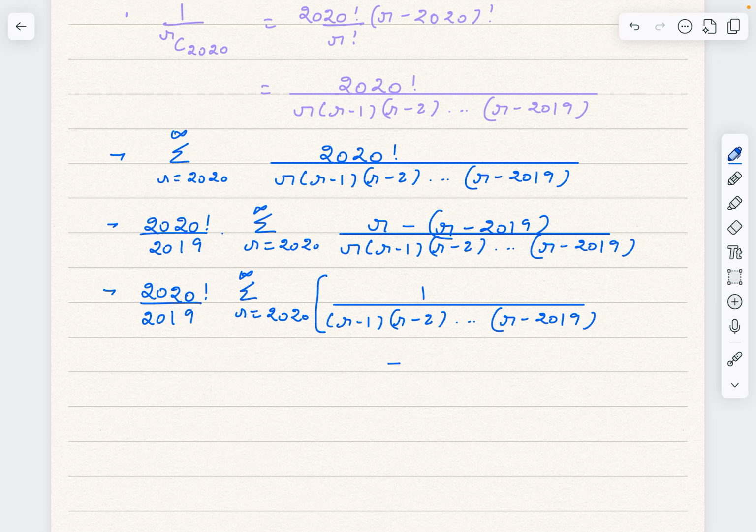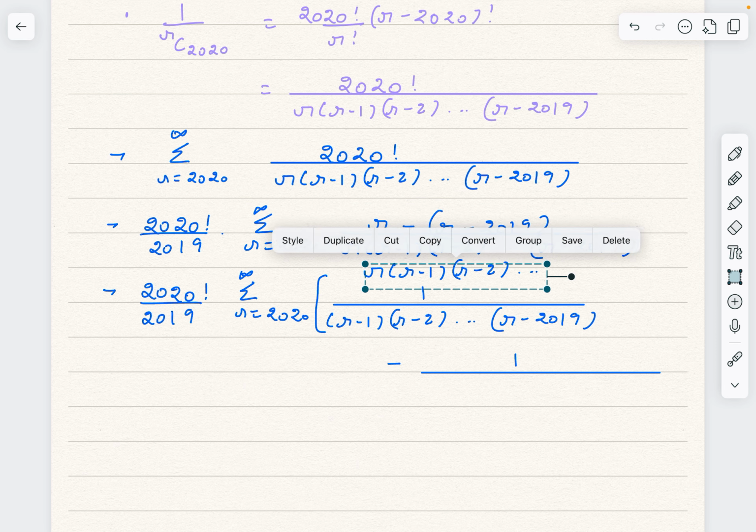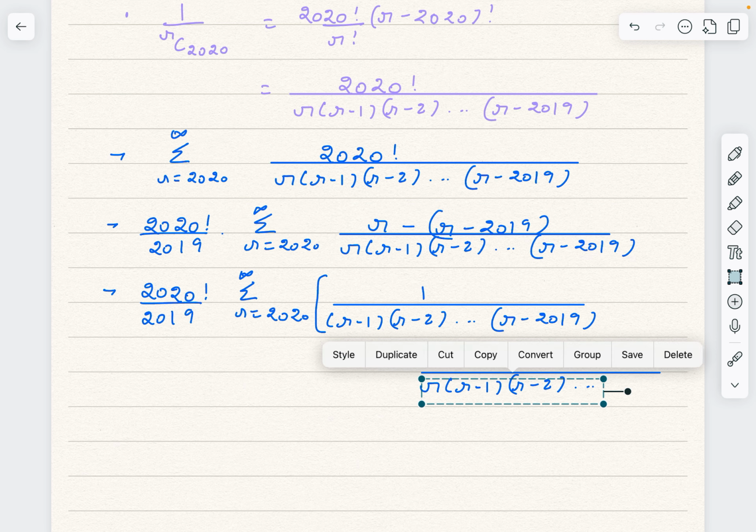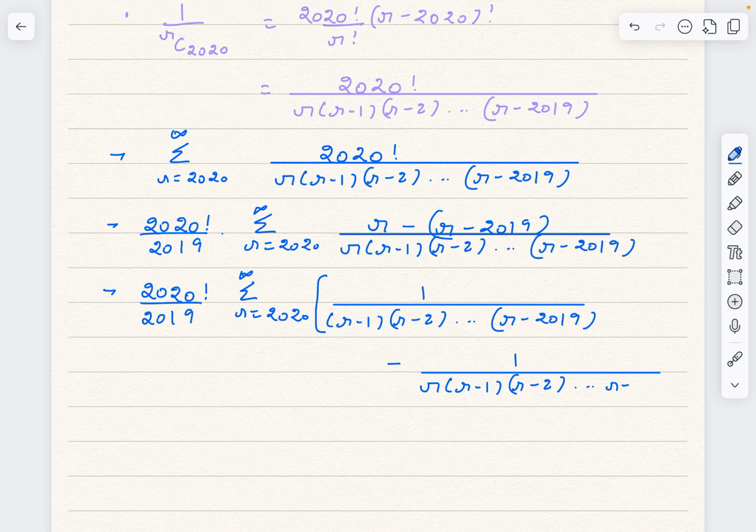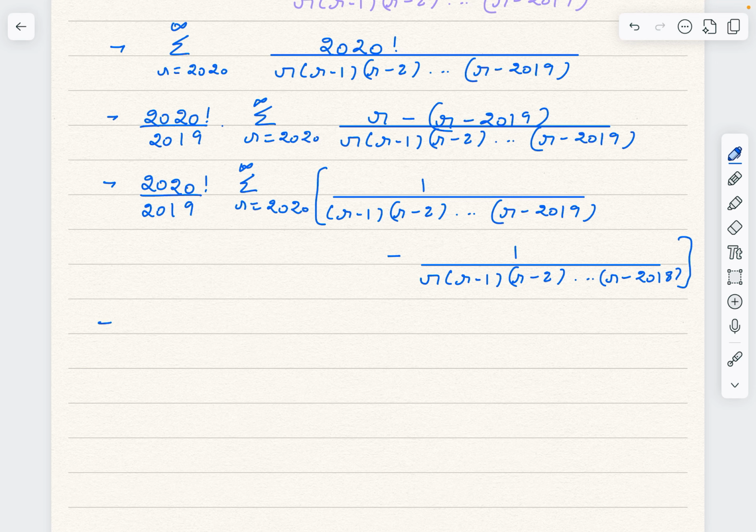Next time will be minus of 1 by all these terms. Last will be now r minus 2018. Now when you put summation over this thing, you will get a telescopic series where all the terms will get cancelled out. Remaining will be first and last.